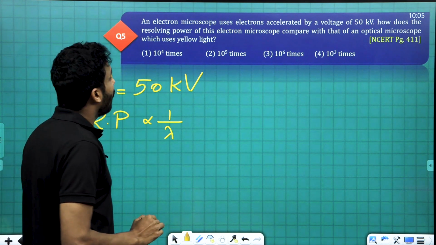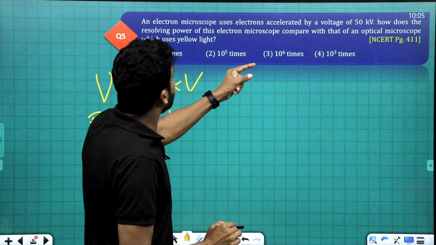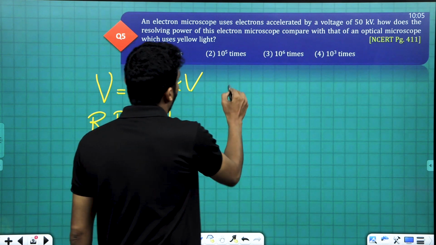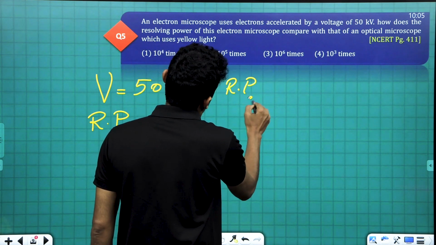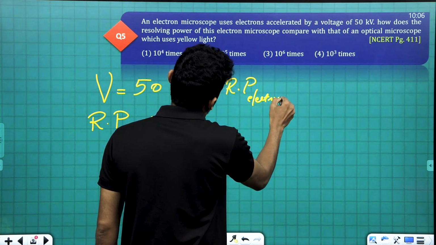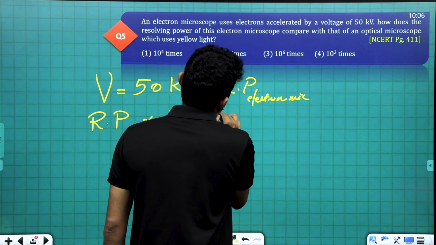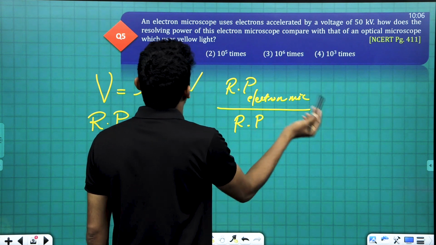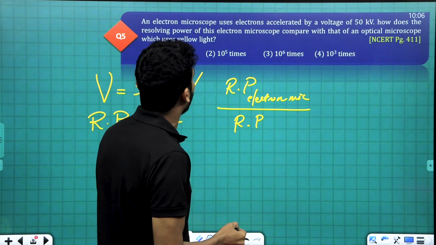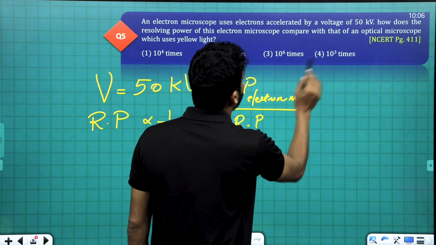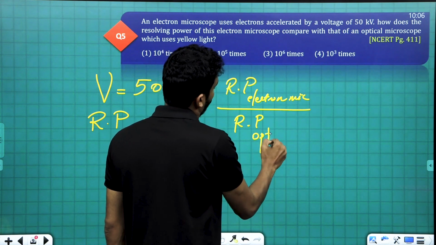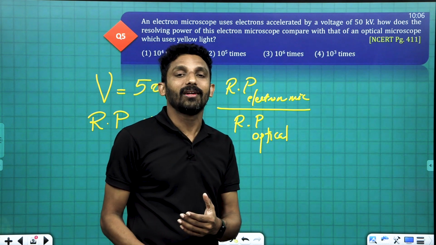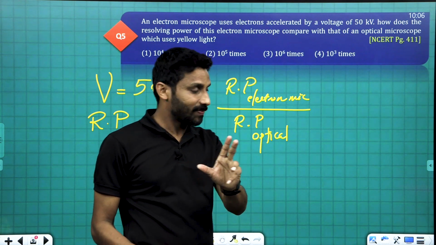Clear? Then the resolving power of the electron microscope divided by the resolving power of the optical microscope. See, the optical microscope is the normal one we use in the laboratory, in which we are using light.